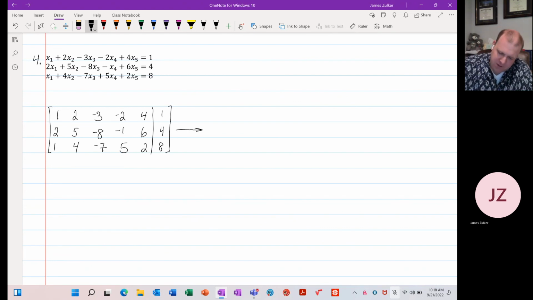The 1, 1 entry is our first pivot. So we zero everything out below it.